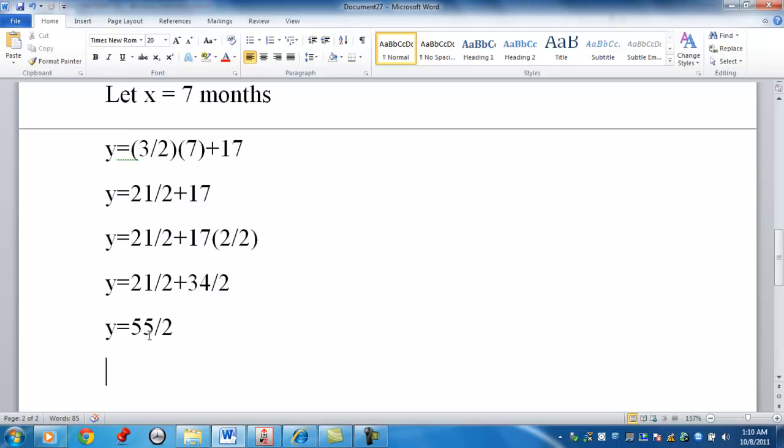Use my mental math here. If I were to divide those two, sorry, I'm a little tired. It's 27.5.